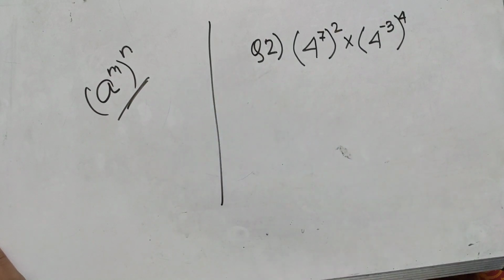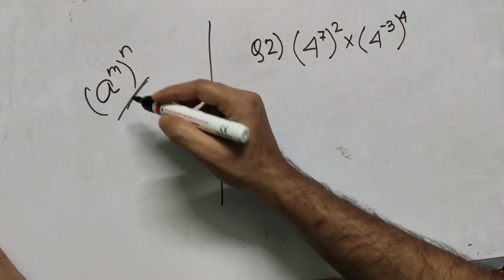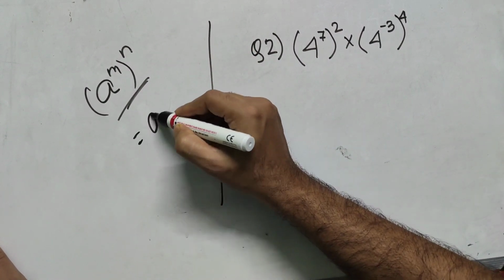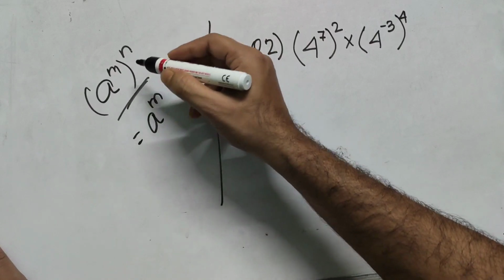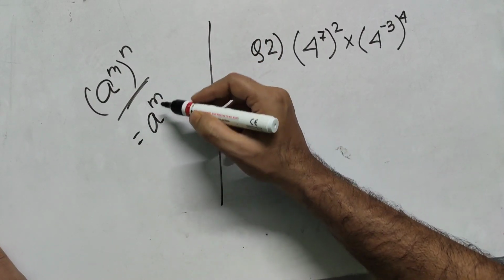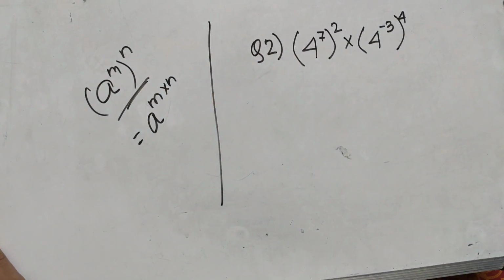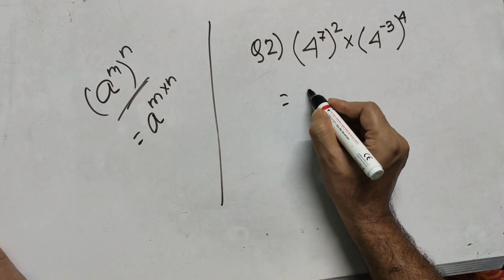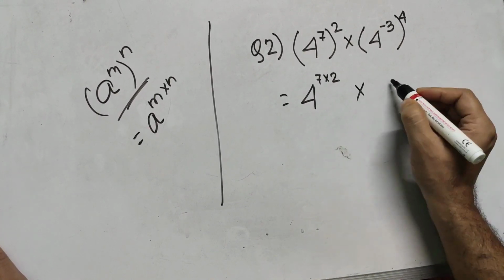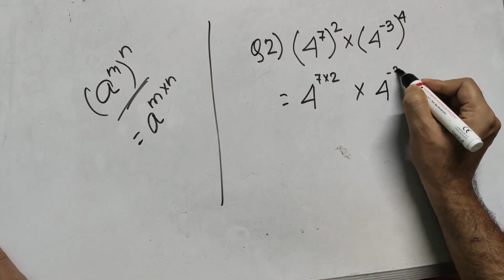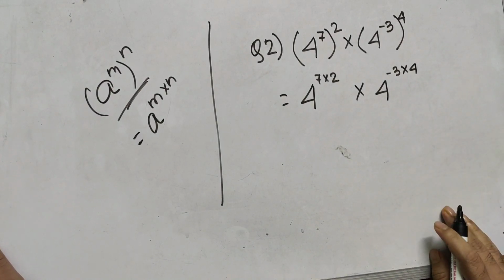This is the property we're going to use right now. The powers are multiplied, that means a to the power m into n. So it becomes 4 to the power 7 into 2, then multiplication, 4 to the power minus 3 into 4.